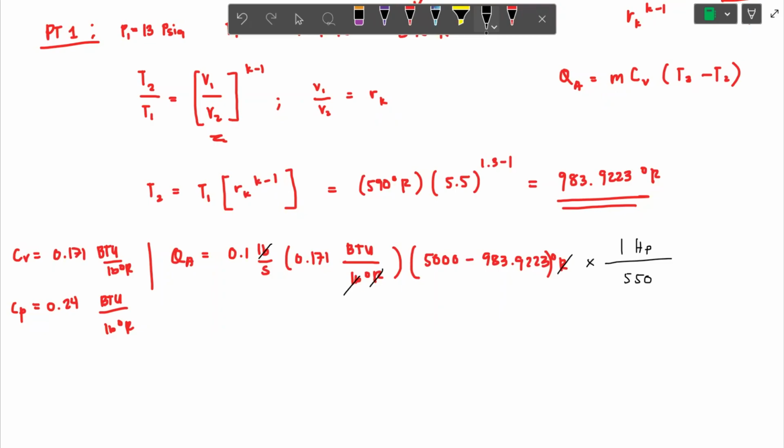Okay? 550 kapag per minute, that is 33,000 foot-pound per minute into HP. Okay? Yun lang kinakabisado ko. Pwede rin namang 42.4. Okay? So that is para safe sa inyo.